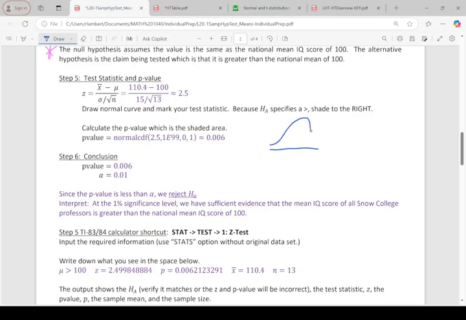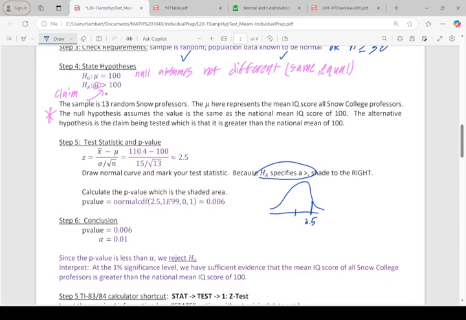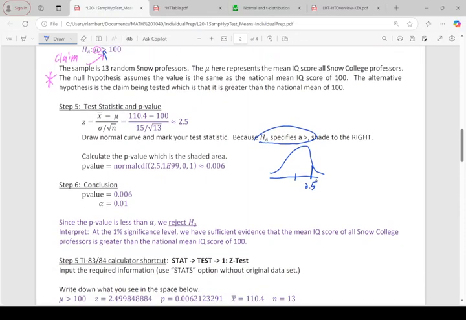We would draw a normal curve, put 2.5 on it, and because the alternative has a greater than right here, greater than means go right, so we would go right, and our p-value is the shaded area on my drawing. So that's from 2.5 to infinity, or big number.